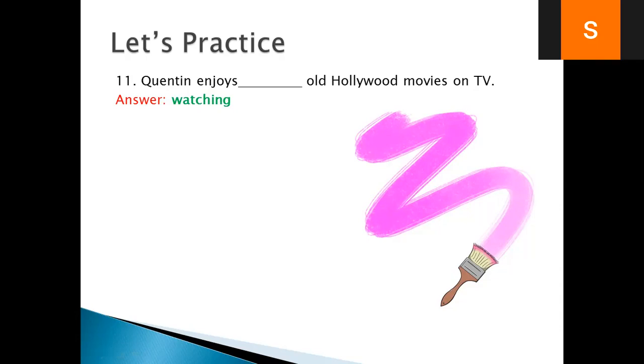A student asks whether enjoy without the S would take to see. No, enjoy is always followed by a gerund. If it's enjoy or enjoyed or will enjoy, it doesn't matter. It's always gerund.